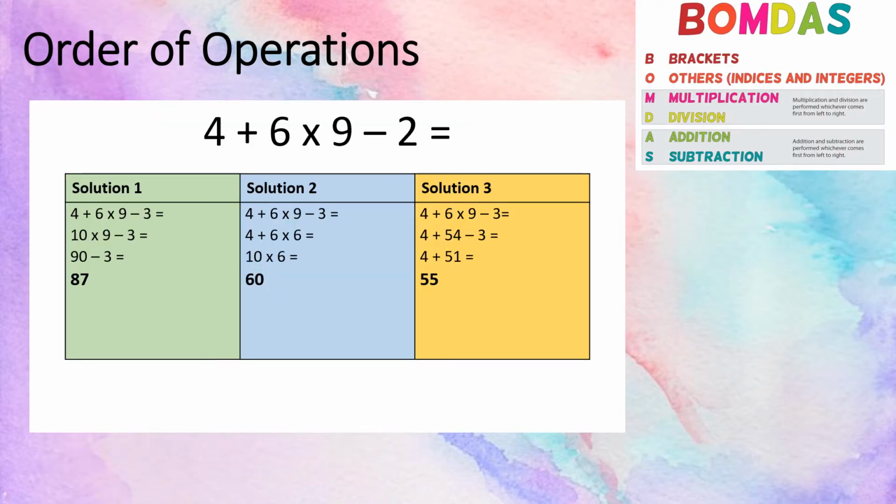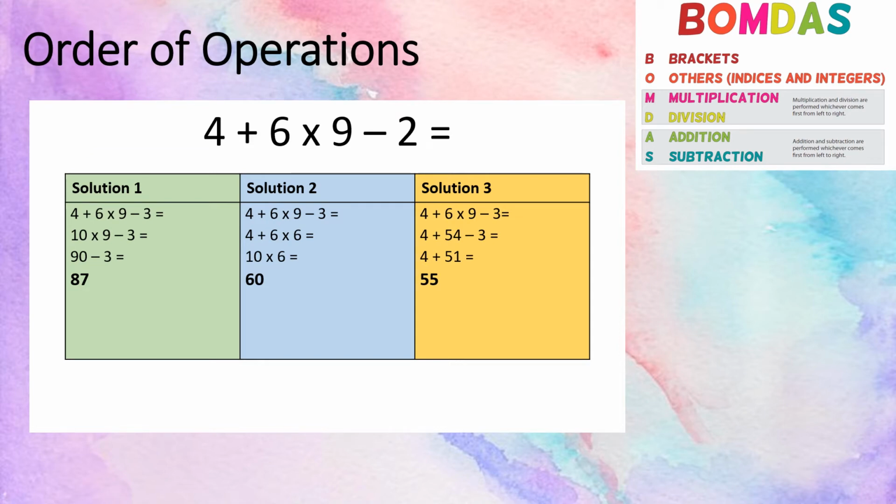In each of these solutions, they have actually started with solving the problem with a different operation. In solution 1, they have started with addition by adding 4 plus 6, resulting in the answer of 87. In solution 2, they have begun with the operation of subtraction.